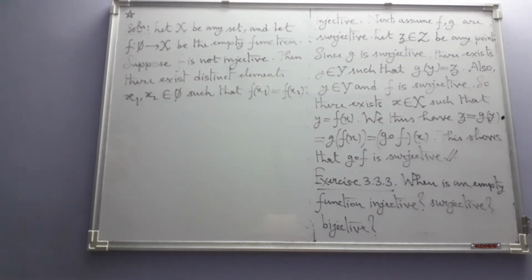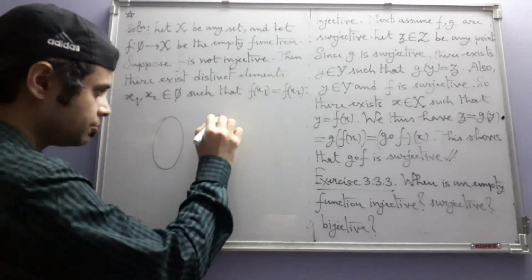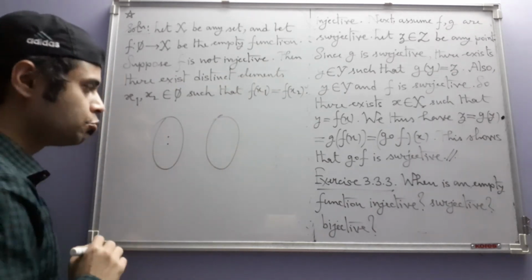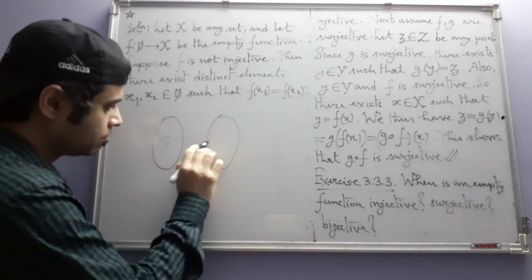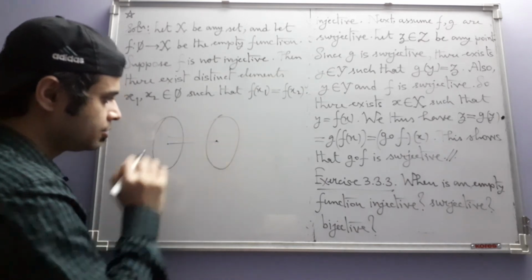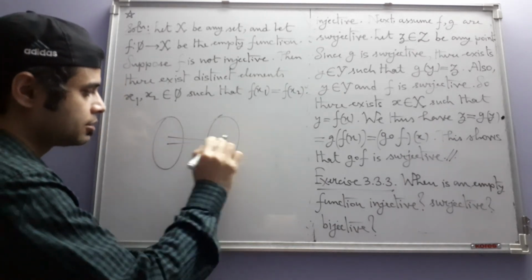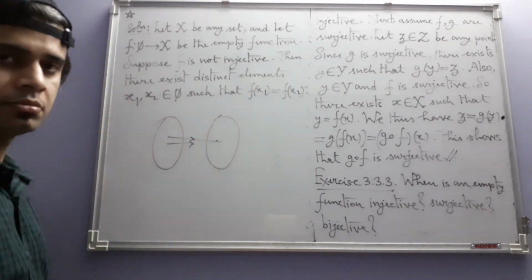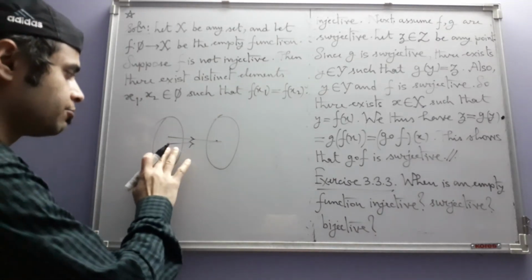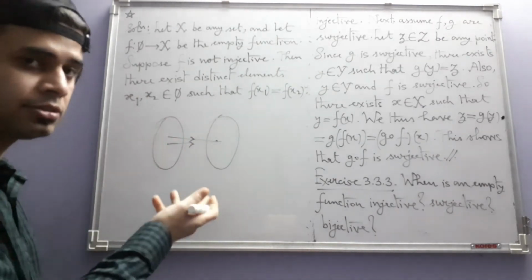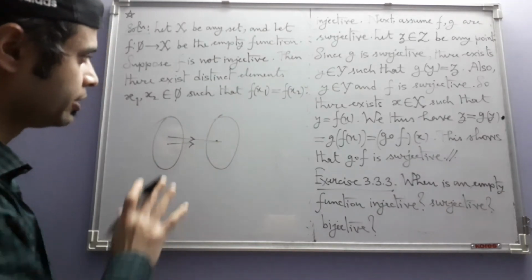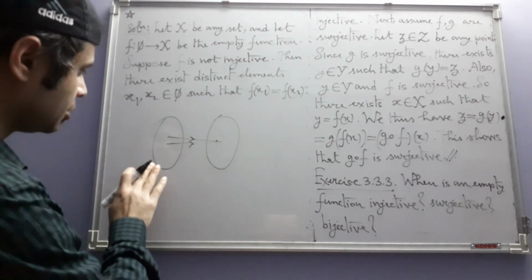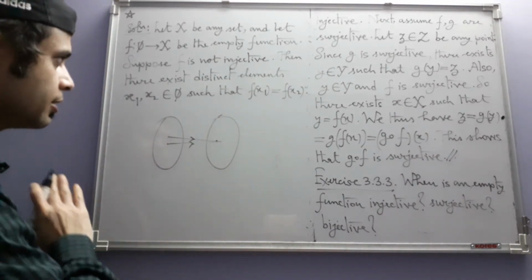Not being injective means there should be at least 2 points in the domain whose outputs are the same. We should be able to find at least 2 points in the domain having the same output under the function. Then only the function is not injective.